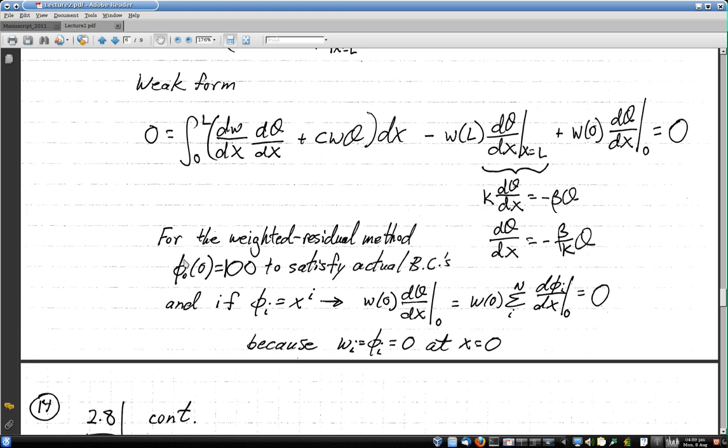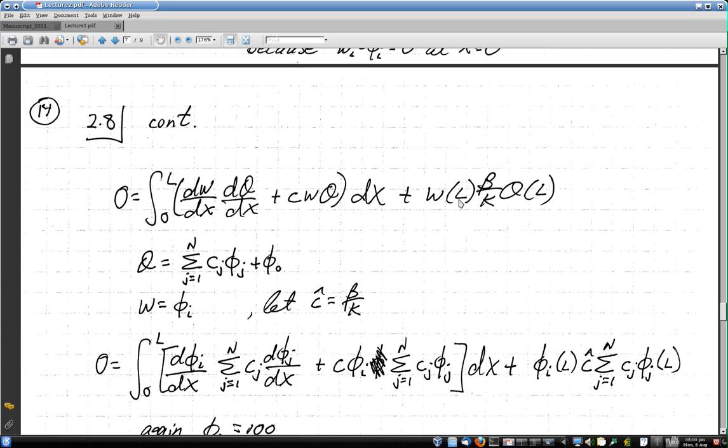Alright, so after substituting in the boundary conditions, we have this on the far right at x equals L. Here's my integrand that I have to approximate. So I take how we define theta, as an approximation of these interpolation functions as well as phi naught. And here's my Galerkin formulation. And I'm going to introduce this parameter c hat as just beta over k.